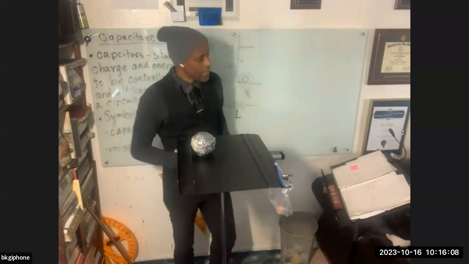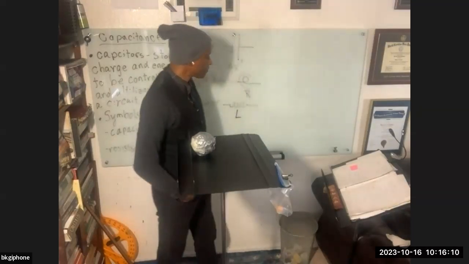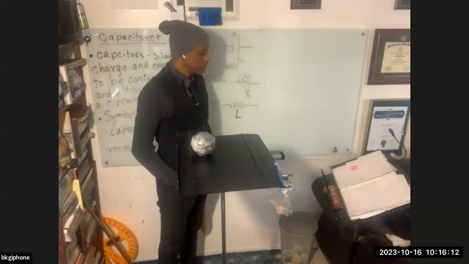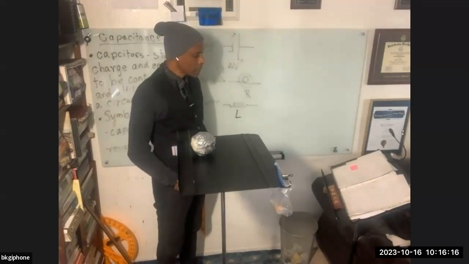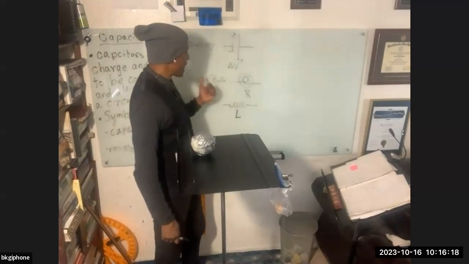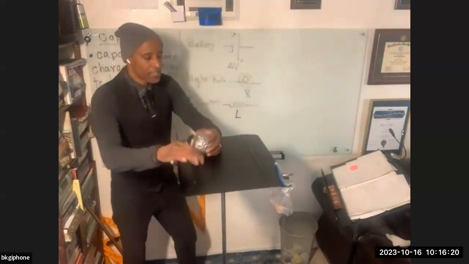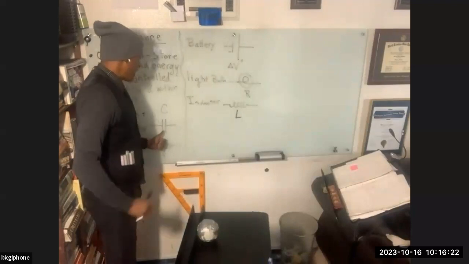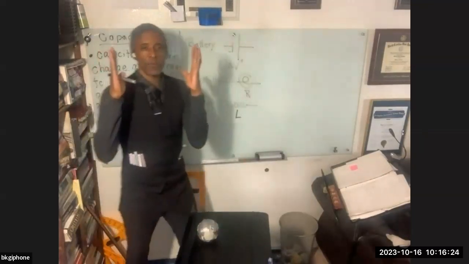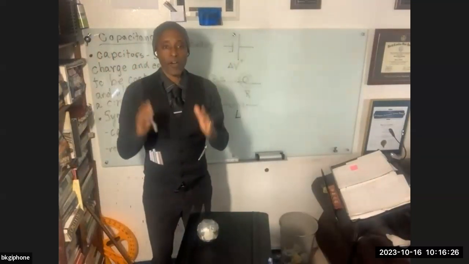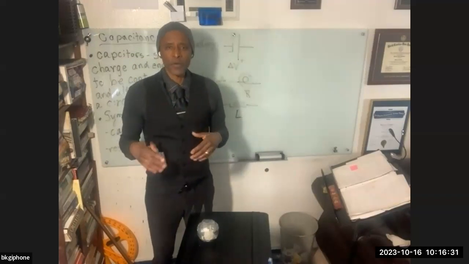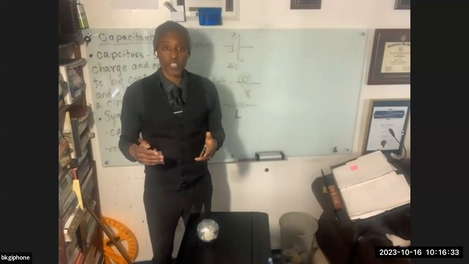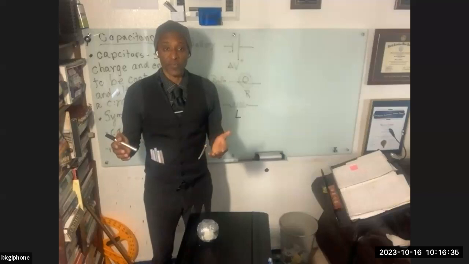Okay, now, I'm going to take this capacitor, and again, this is the symbol for a capacitor right here, and it just represents two metal plates. Now, unlike the battery, a capacitor is somewhat neutral. Once we charge it up, it will have a positive plate and a negative plate.